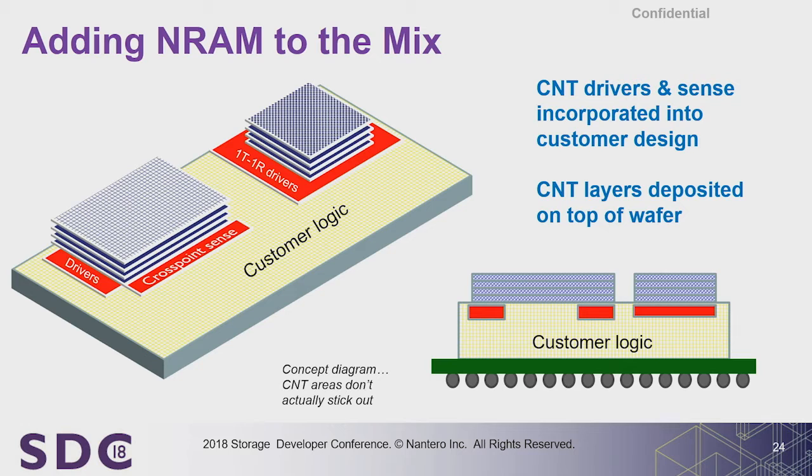You can build 1T, 1R, and Crosspoint at the same time because they're the same manufacturing steps. It's only a choice on how you do the device drivers, the cell drivers in your logic. You incorporate that as your memory interface into your customer logic and fabricate the whole thing together, and now all of a sudden you have an artificial intelligence device that has full persistence.